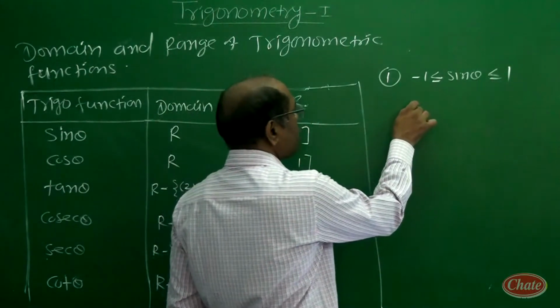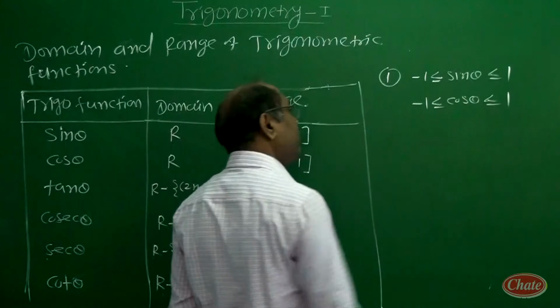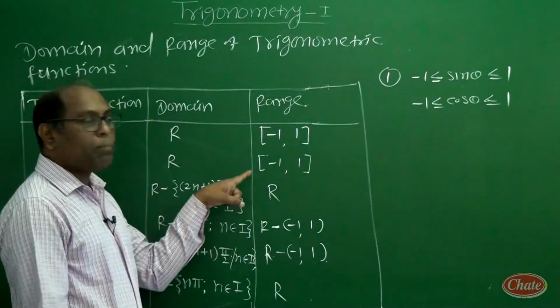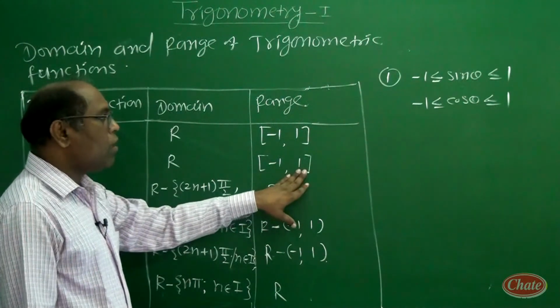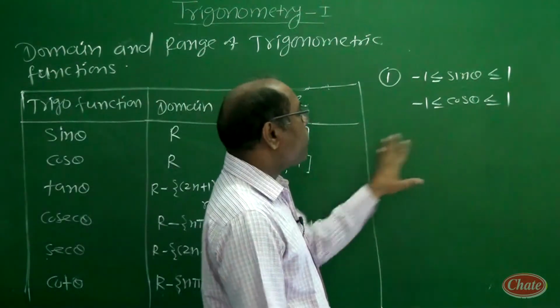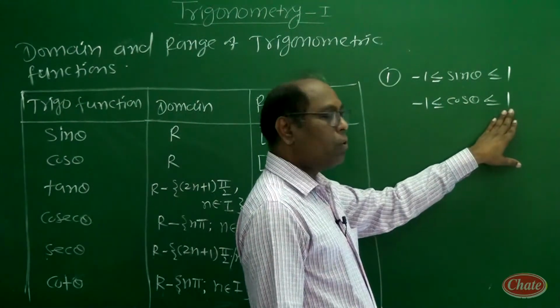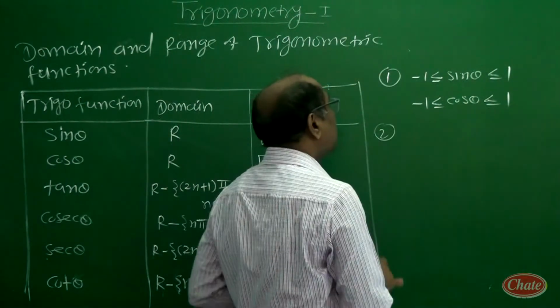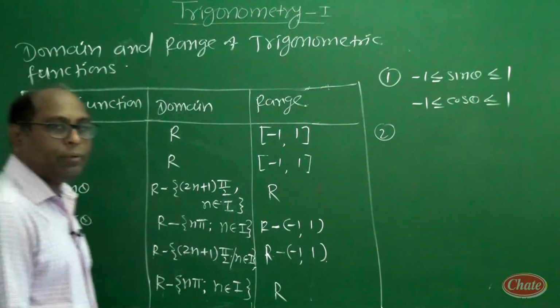Also, minus 1 is less than or equal to cos theta is less than or equal to 1. So the range of cos theta is the closed interval minus 1 comma 1, meaning the value of cos theta is from minus 1 to 1.